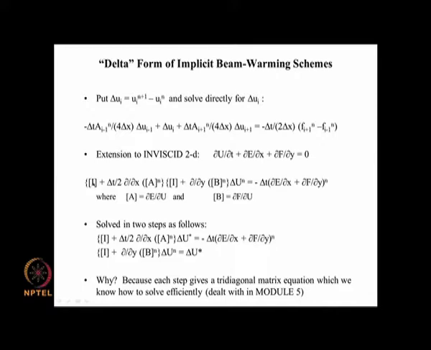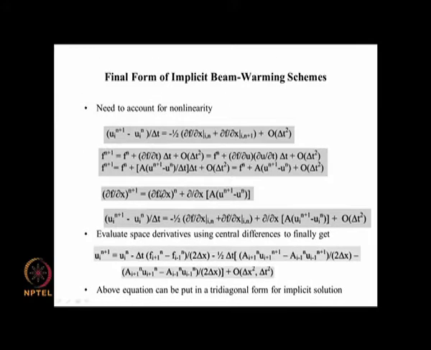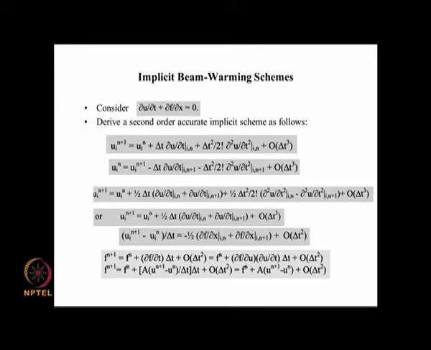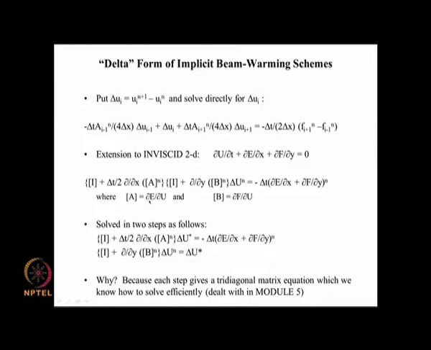And this is written as (I + (Δt/2) ∂/∂x of A) times (I + (Δt/2) ∂/∂y of B) times ΔU^n equal to −Δt (∂E/∂x + ∂F/∂y)^n, where I is the identity matrix, A is ∂E/∂U and B is ∂F/∂U. So, these become Jacobians, where A represents the terms coming in the x derivative, and B represents the terms coming in the y derivative, and both are advective terms.